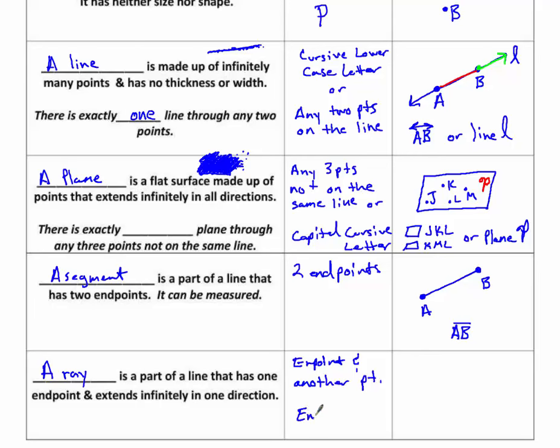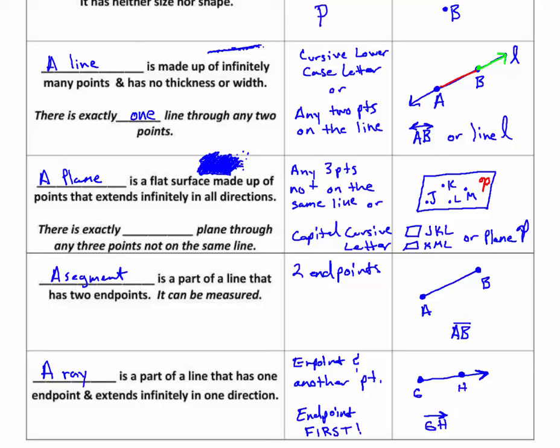One thing to remember that's very important is the endpoint is first when we're naming. You'll see what I mean here in just a second. So if we have a ray, it kind of looks like an arrow. This might be GH, and we would call this ray GH, and we label it like that.